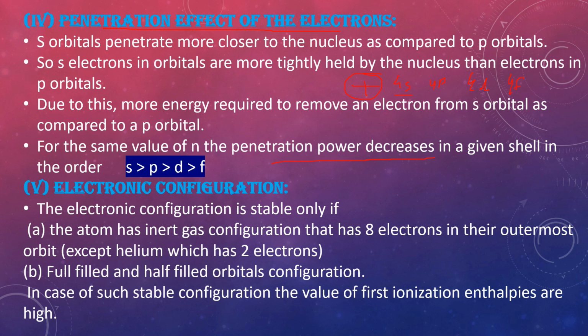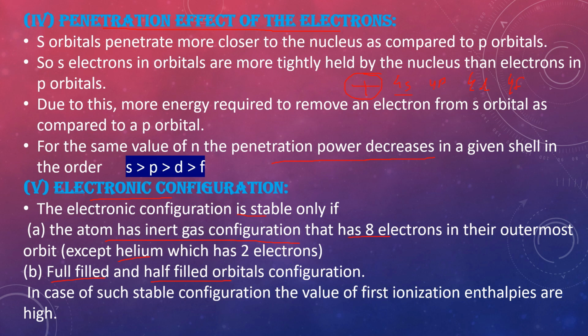Now the next is electronic configuration. The electronic configuration is stable only when the atom has inert gas configuration, that means 8 electrons in the outermost shell. The exception is helium, which has 2 electrons. On the other hand, if the atom has a fully filled configuration like ns2 or np6 configuration, or a half-filled configuration like np3 configuration, these configurations are stable.